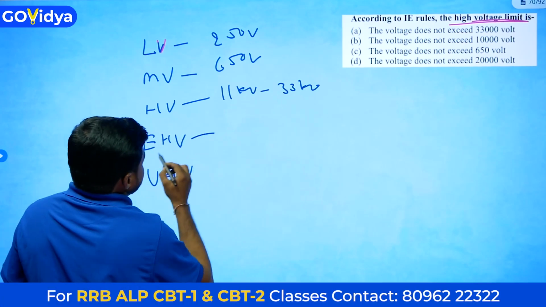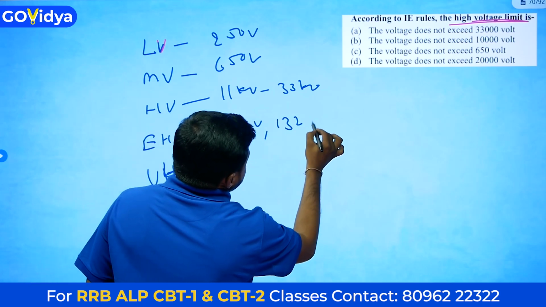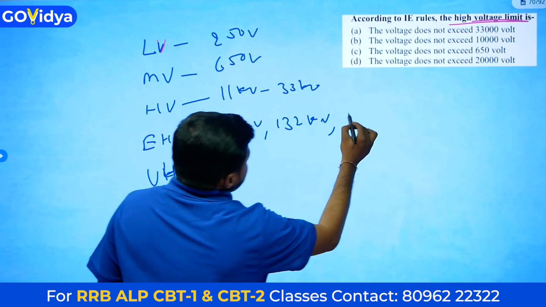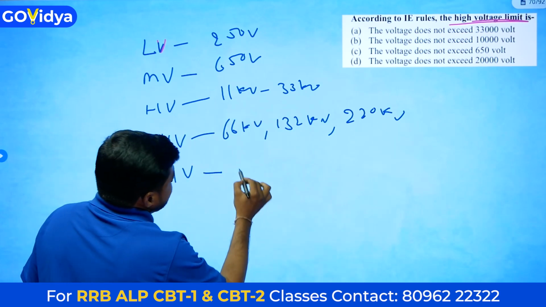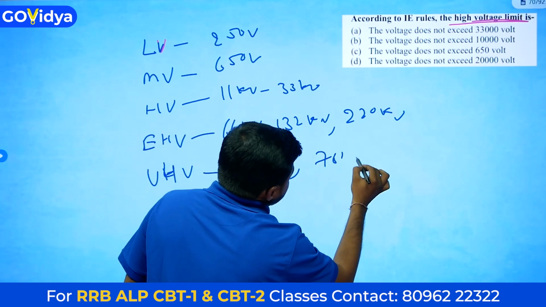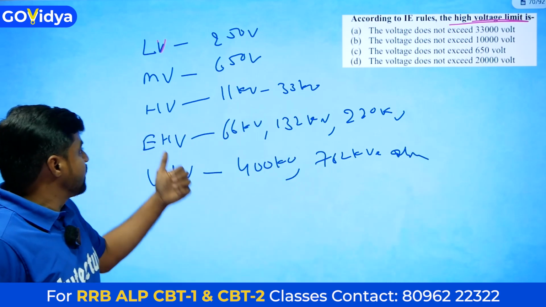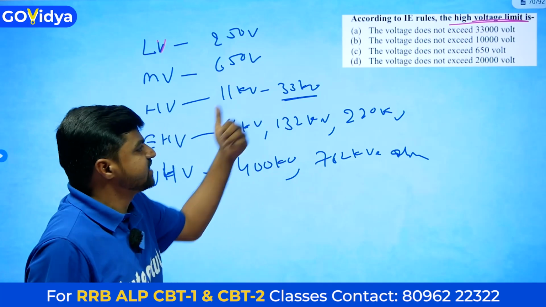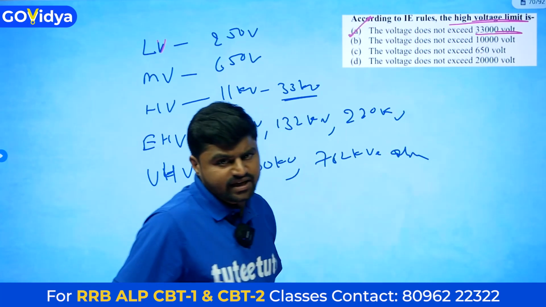Extra high voltage is 66 kV, 132 kV and 220 kV. Ultra high voltage is 400 kV and 762 kV and above. In the question they are asking about high voltage, which is up to 33 kV only, does not exceed 33 kV, that is 33,000 volts. From the options, option A is the correct answer.